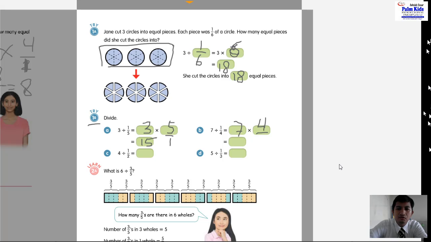And then you switch the numerator and the denominator of this one. So 7 multiplied by 4 is 28. Try to do C and D for try 1B. Okay. Next, we go to the next one.